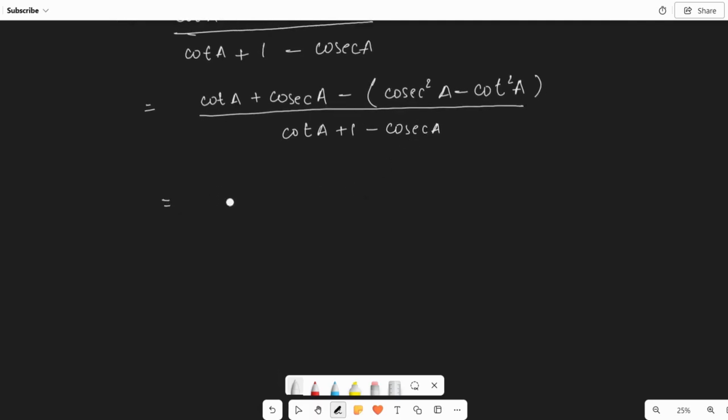Now write it like cot A + cosec A − (cosec²A − cot²A).